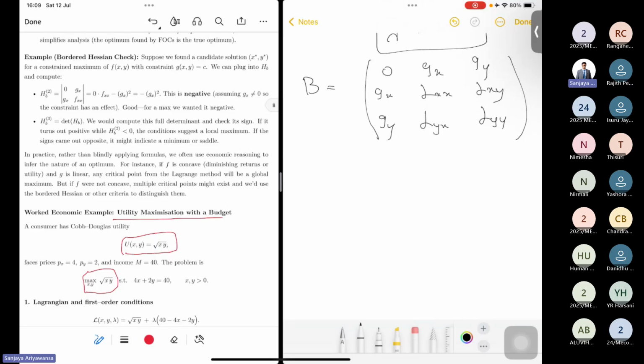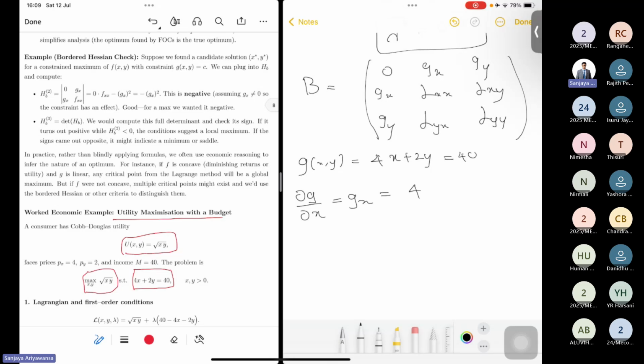Let's first partially differentiate your constraint function. What is my constraint function? 4x plus 2y equals 40. That's my constraint function. So if I were to partially differentiate my constraint function, which is g of x, equals 4.